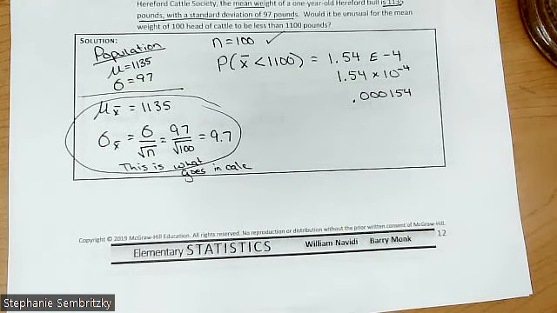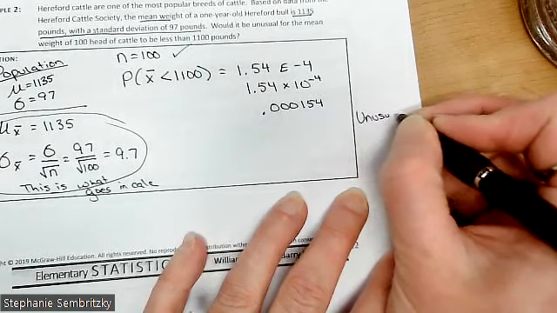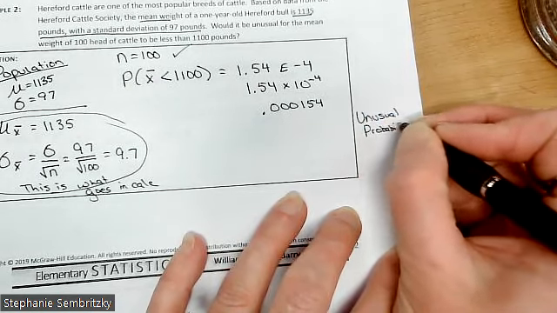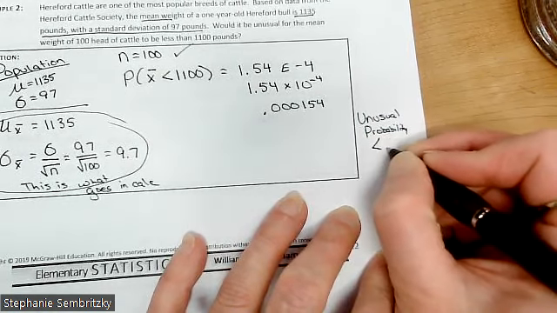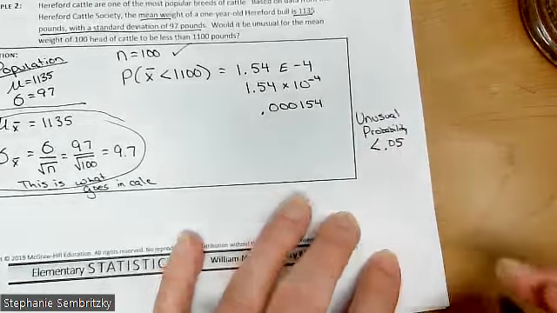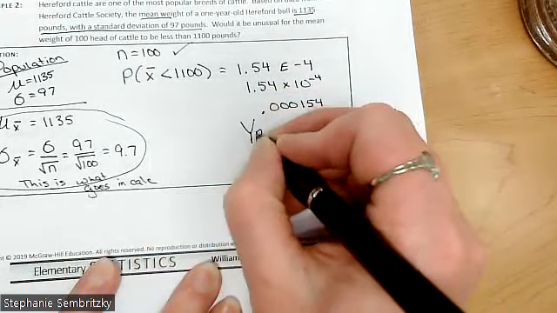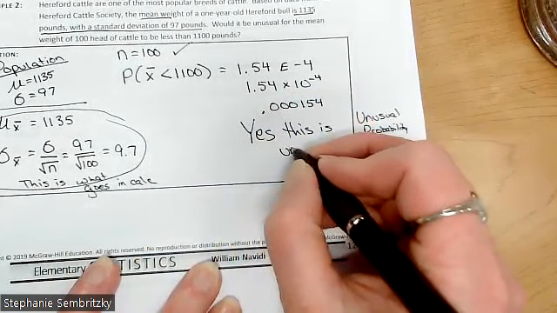Now they asked us, is it unusual? So let's remember that from a previous unit, we consider it unusual if the probability is less than 0.05. So is this an unusual event? Yes. This is unusual.